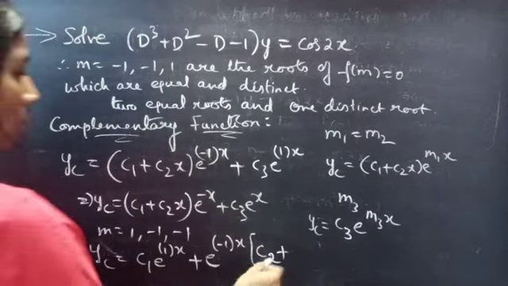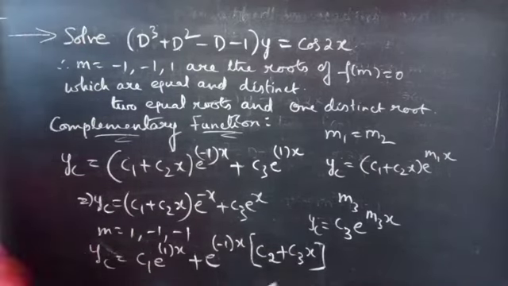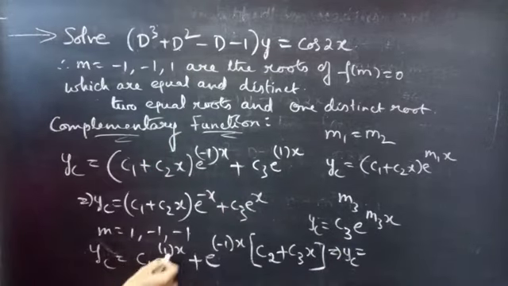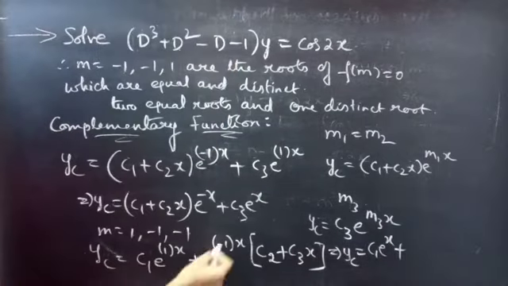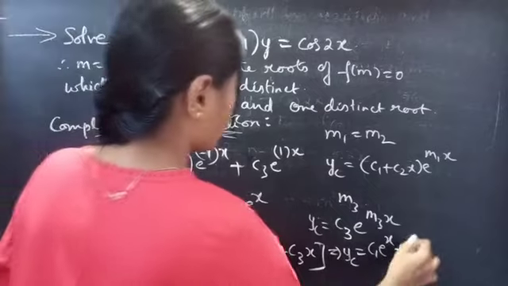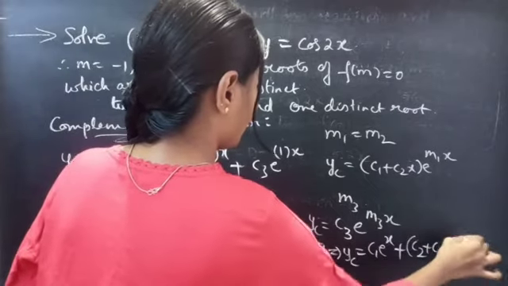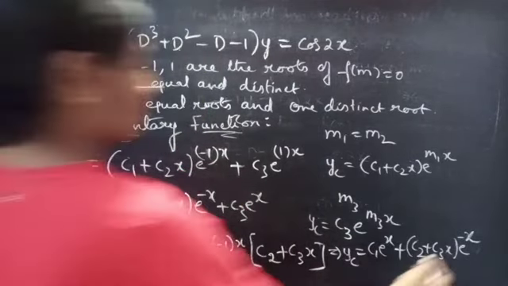So let's take c2 and c3 here. Okay, then yc will be c1 e power x plus e power minus x into c2 plus c3x, or you can just write it as c2 plus c3x into e power minus 1 into x, minus x.